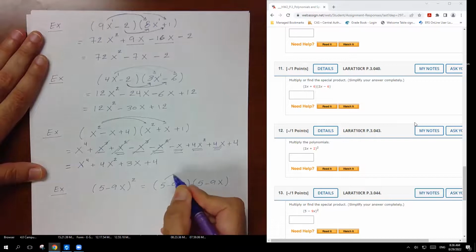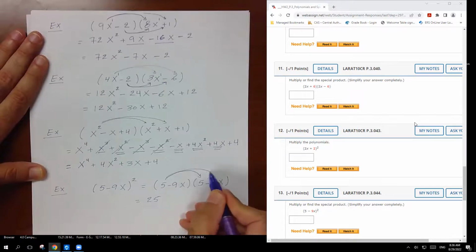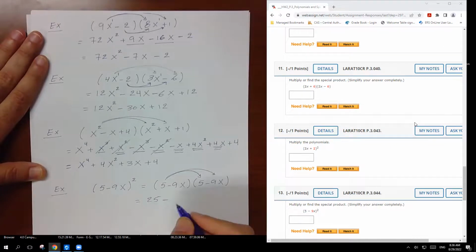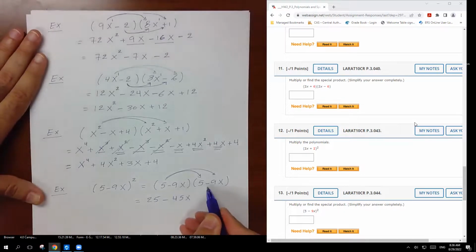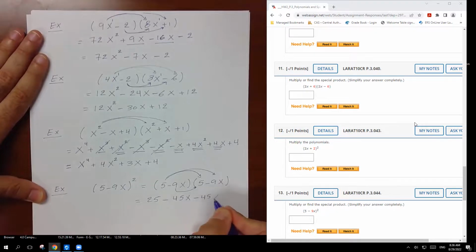Then I'm going to say 5 times 5 is going to be 25. 5 times 9x, so it's going to be minus 45x. Negative 9x times 5 is going to be minus 45x.